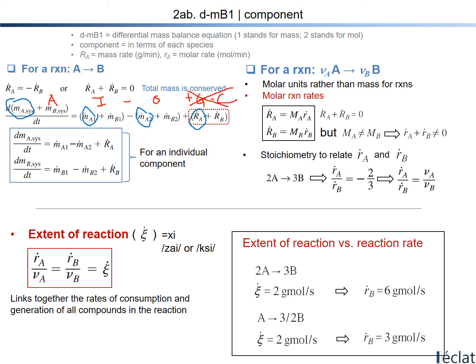That is going to this equation. And let's go to component B. This one, this one, this one, this one is going to this equation. So let me think about the component mass balance equation for each component.